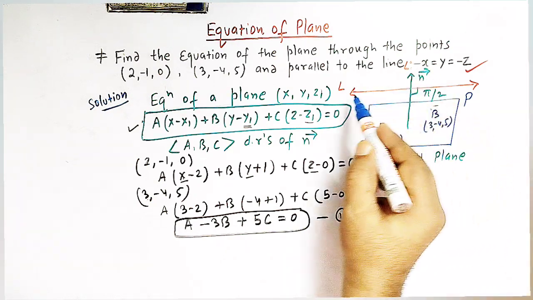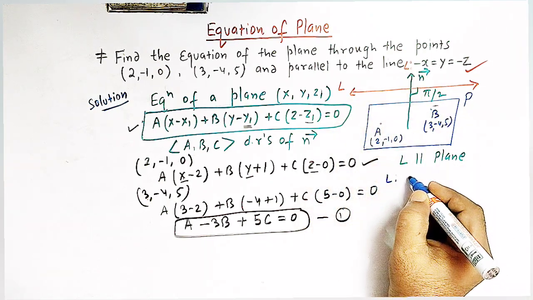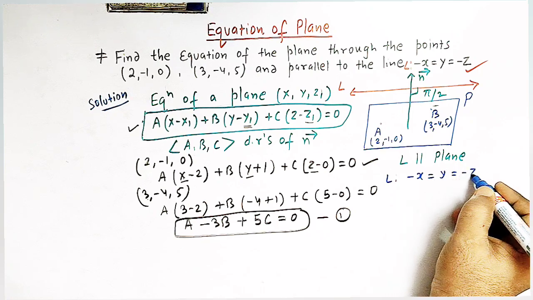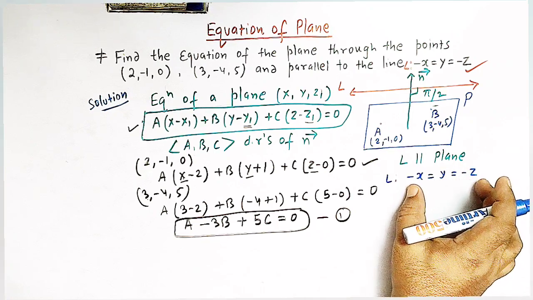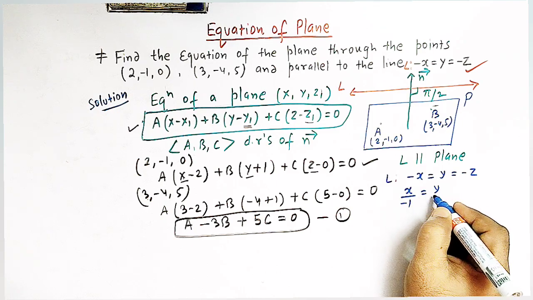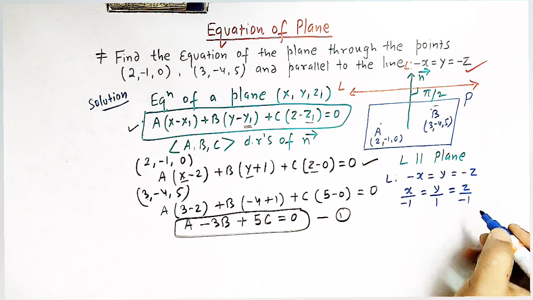Now let us come to the equation of the line L. So here the line is given by minus x is equal to y is equal to minus z, and we can also write this equation as x over minus 1, y over 1 and z over minus 1.